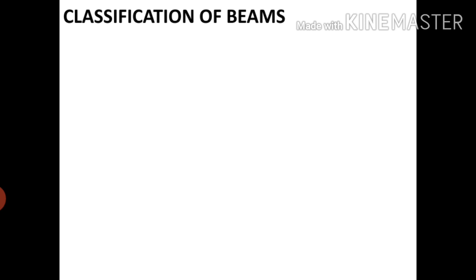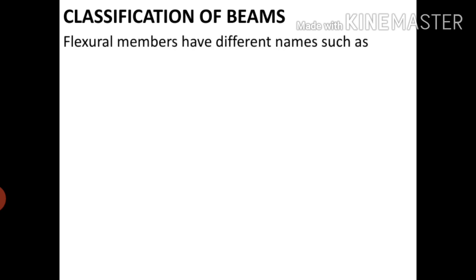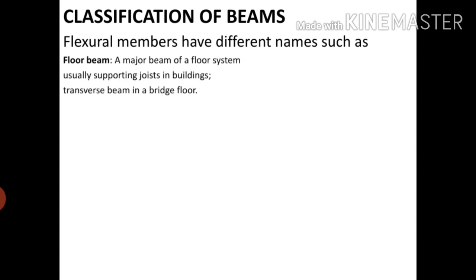Then classification of beams. How are the beams classified? The flexural members have different names, such as floor beams. Depending upon their position and the structures where that element is used, they are called by different names.